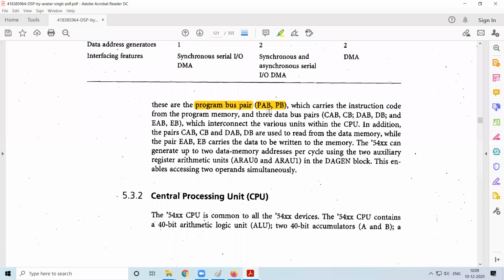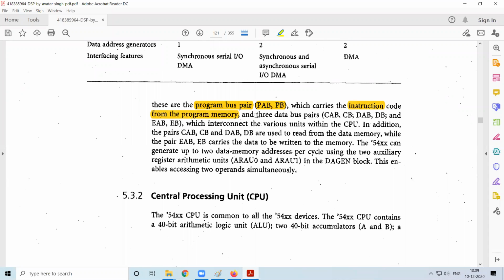PAB stands for program address bus, and PB is the program bus which will be used for the data. This is related to fetching of the instruction and other operations performed using the instruction, which is stored in the program memory. These two buses will be utilized for that purpose.